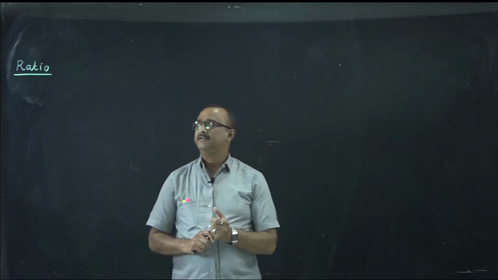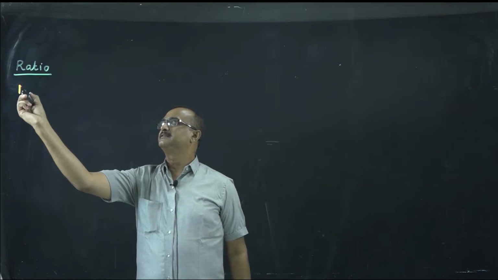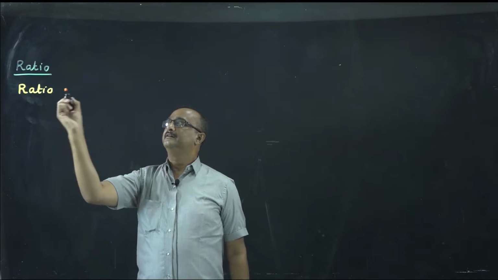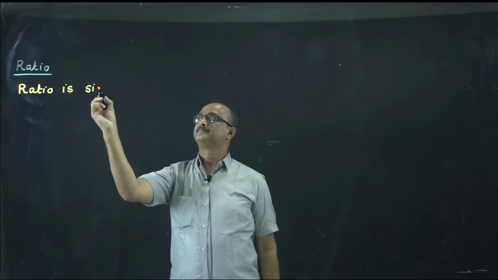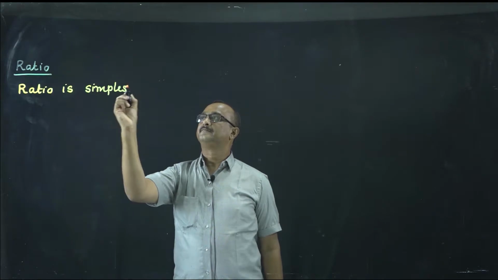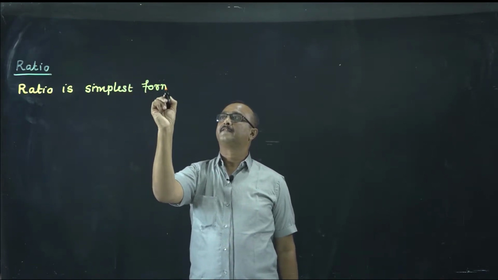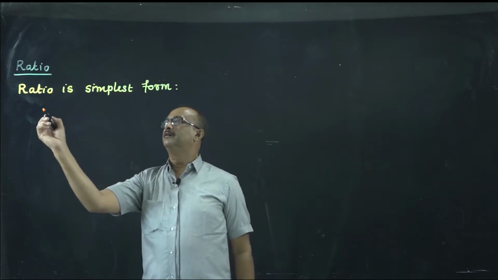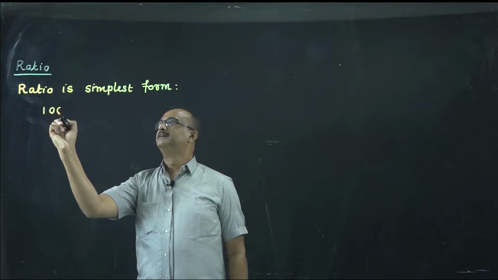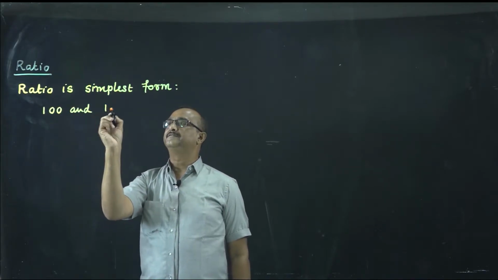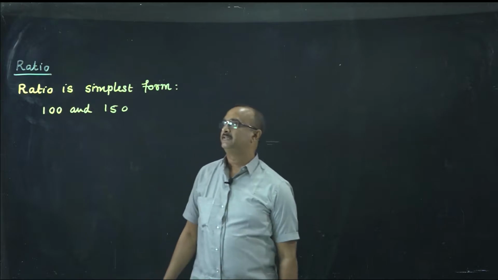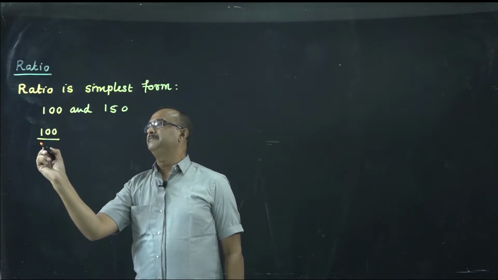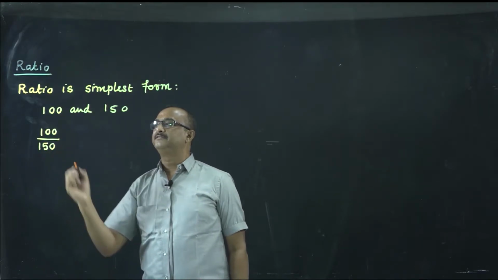Ratio, in a single line we can say, ratio is the simplest form. Simplest form means if you want to find a ratio between 100 and 150, we can write 100 divided by 150, because a ratio is one type of division.